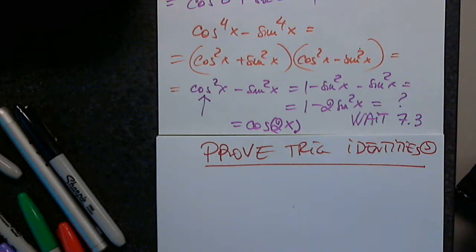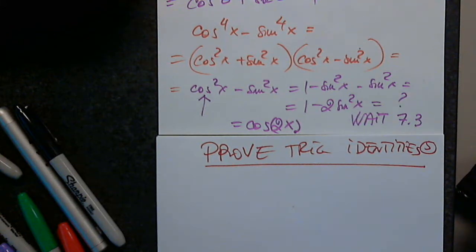The second possibility is I start with the right-hand side and I work my way to the left-hand side without touching the left-hand side at all. I just say, here, this side simplifies to this. The third possibility is I have to simplify both sides to the max, and then I'll say, see, they are the same. If they are the same, and they have to be the same.